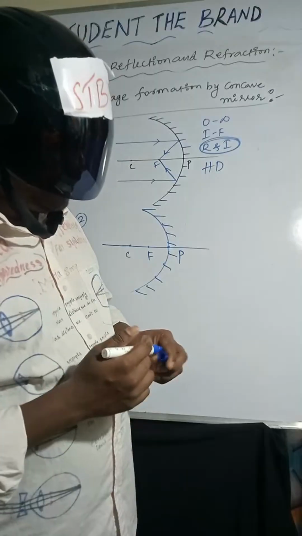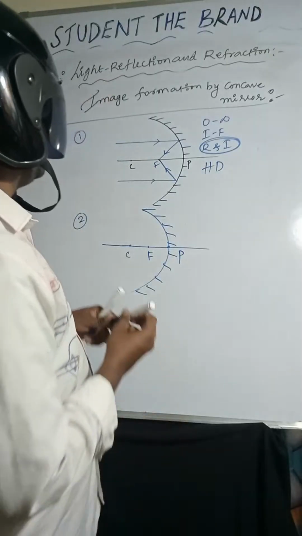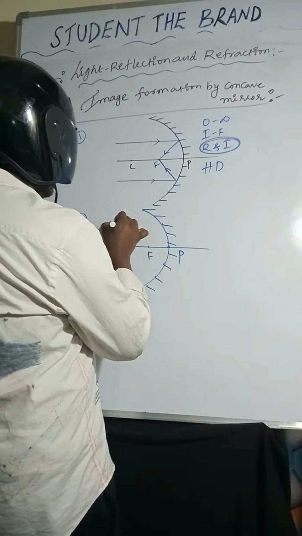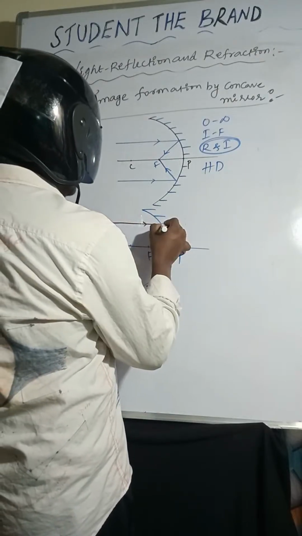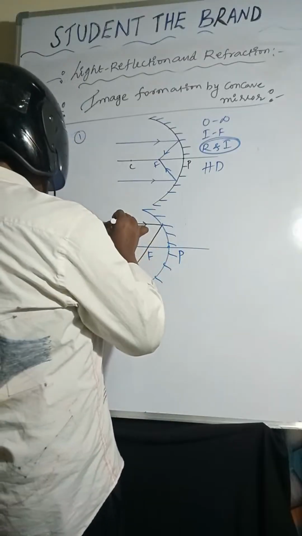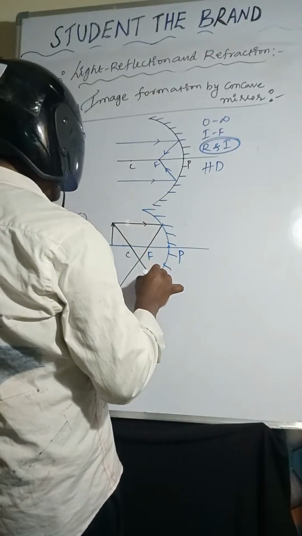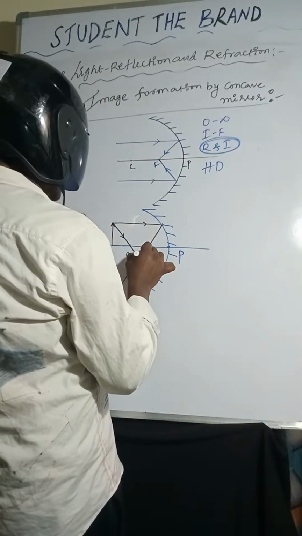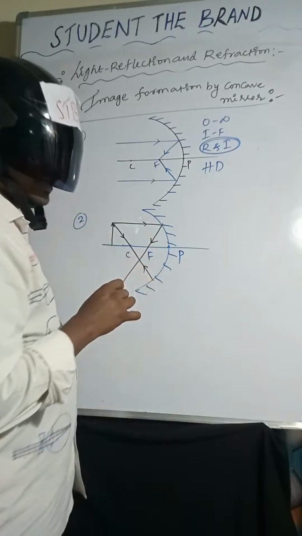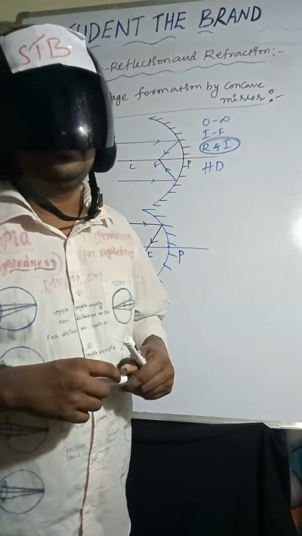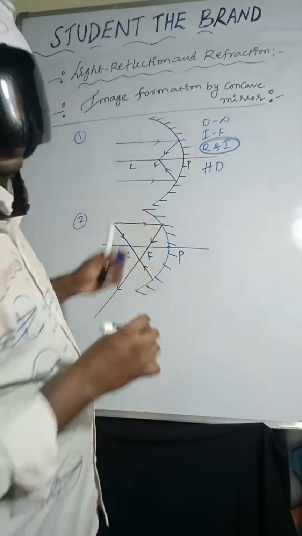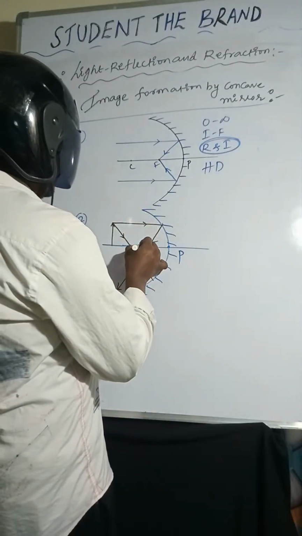Image will form between C and F. One light ray I am taking like this, it passes through focus. Another light ray passes through center of curvature. The image will form between C and F.